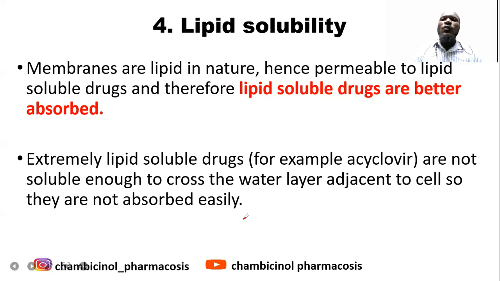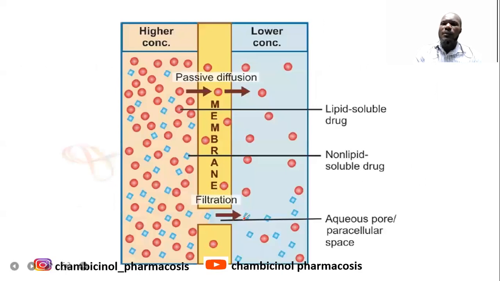So if you take a drug which is extremely lipophilic in nature, for example acyclovir, which is an antiviral, it is so extremely lipophilic that it will not be able to pass through those polar heads and reach the systemic circulation. So lipid solubility is important, but it should be at the optimal level, not too lipophilic like the drug acyclovir.